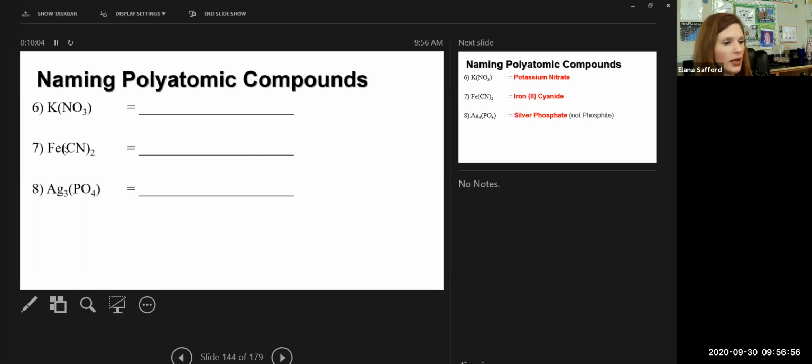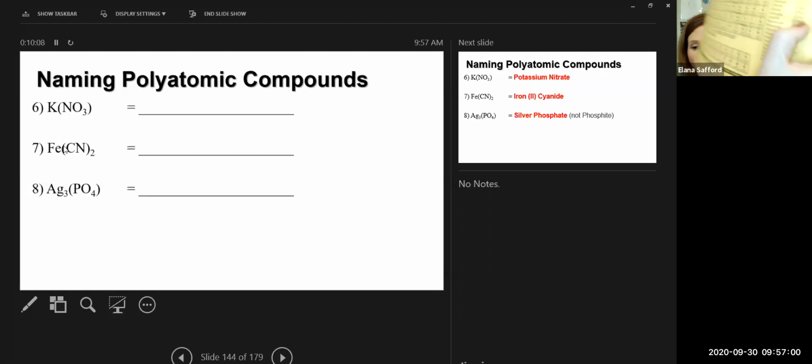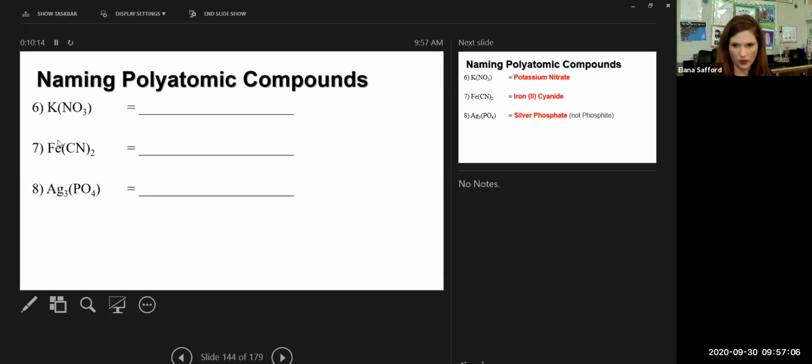Here it is. It's got a -1 charge. Okay, so I need to reverse it, to crisscross, to get iron with 2 cyanide, because that has a -1 charge.